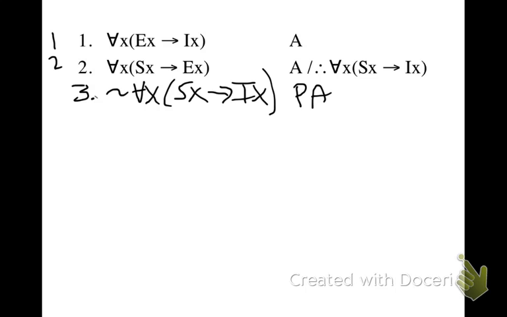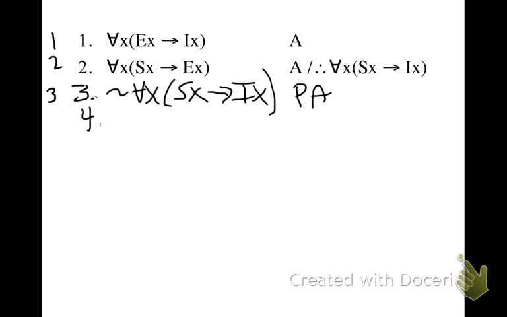That means we need an ADC column. And now we need to use the rule of quantifier exchange on this before we can do anything. I would always suggest doing any quantifier exchange steps before you do any instantiations, because if you did an instantiation on lines 1 and 2, you're going to see how that's going to lead us into problems. So let's do the quantifier exchange step first.